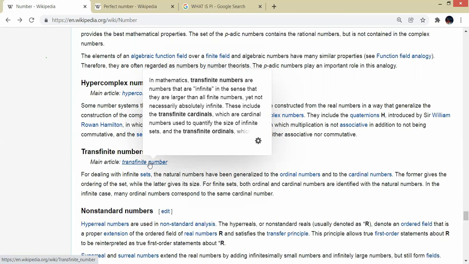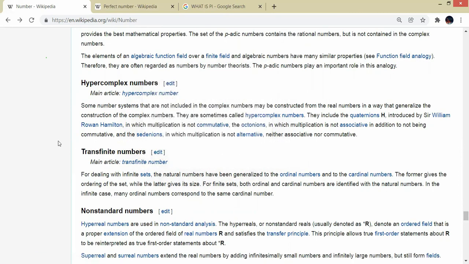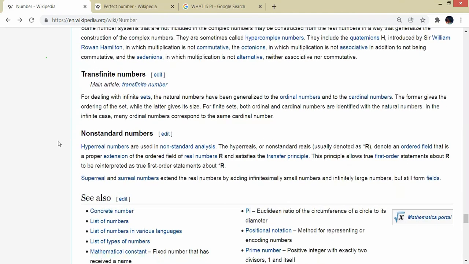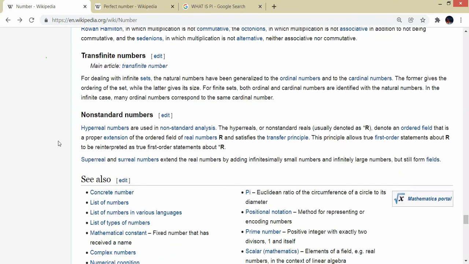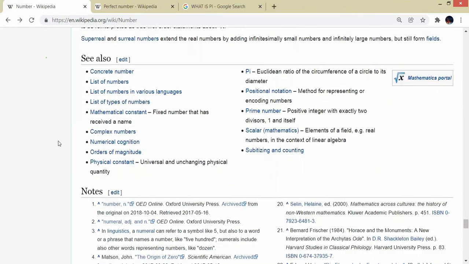They are not absolutely infinite, and are somewhat beyond finite. This includes the transfinite cardinals. Okay, we can discuss these in cardinal and ordinal numbers. Nonstandard numbers.